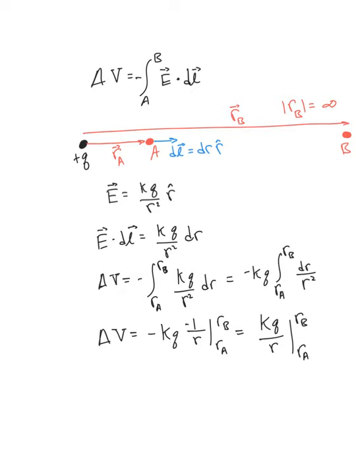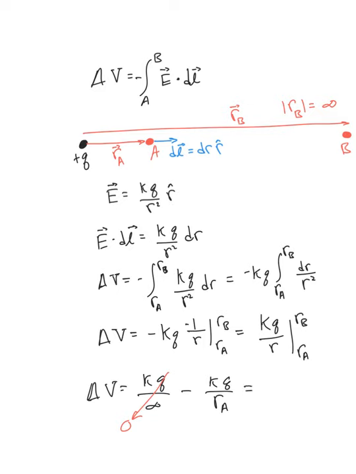Now, r_B is infinity. So when we write this, our delta V here looks like kq over infinity minus kq over r sub A. Anything divided by infinity is going to be 0.